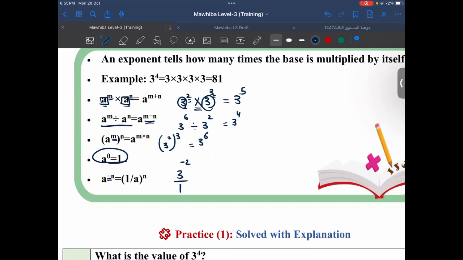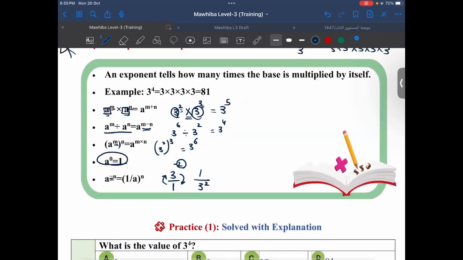So in order to remove this minus, I'm going to flip the numerator and the denominator. I'm going to put the 3 down and the 1 up, and now I can put the exponent 2 without the minus sign. Okay, I got it. Thank you.